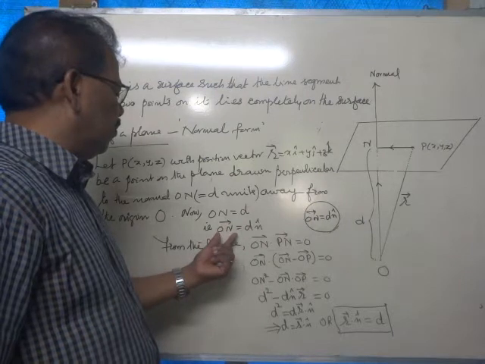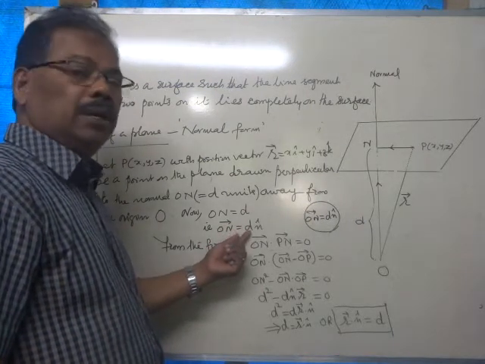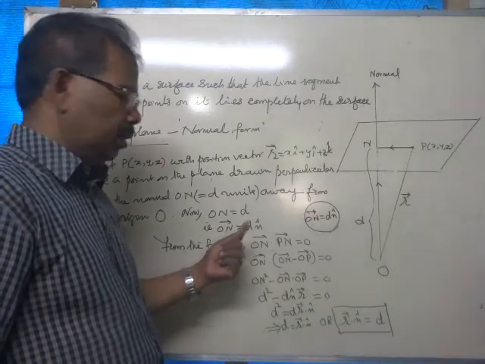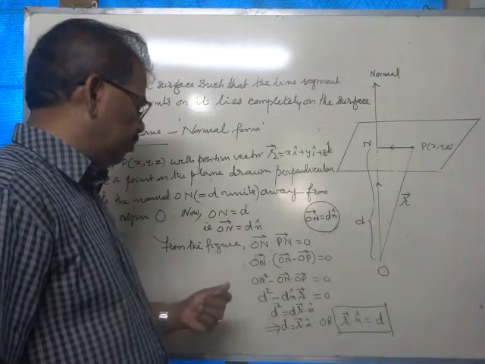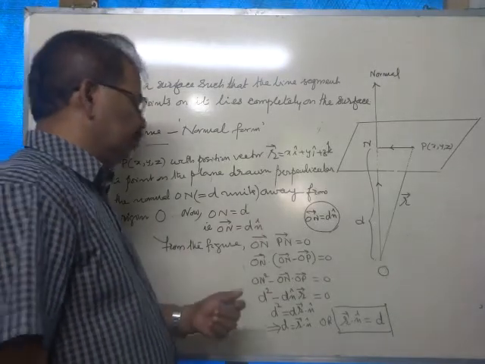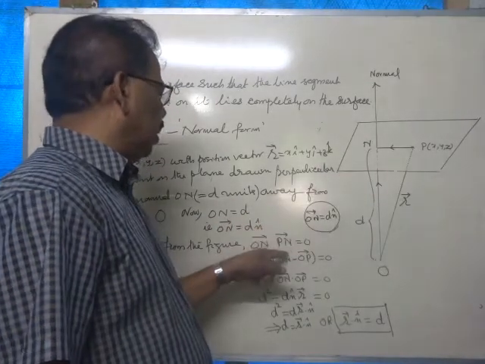Then vector ON will be equal to d multiplied by unit vector along ON. That is, vector ON is equal to d n cap. From the figure, vector ON dot vector PN equals 0.